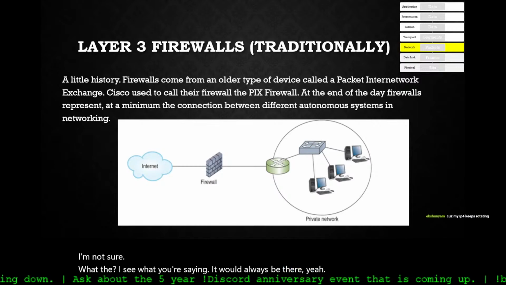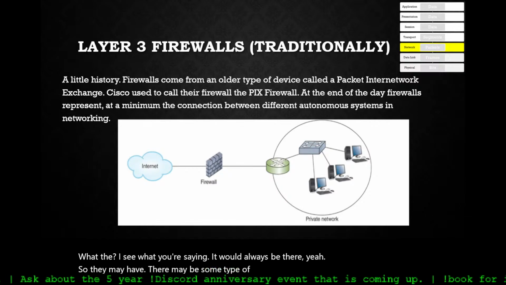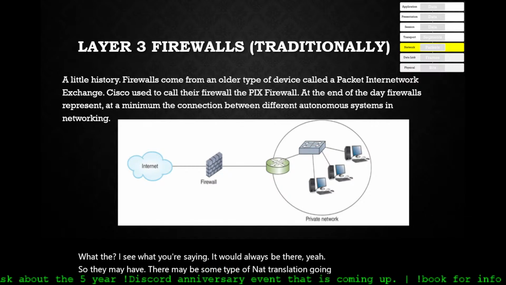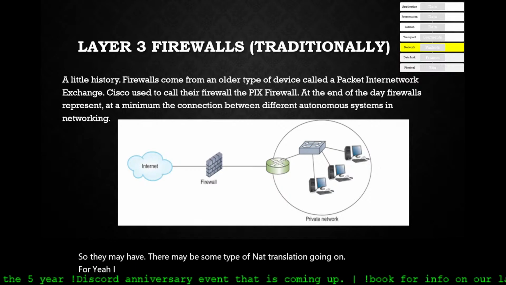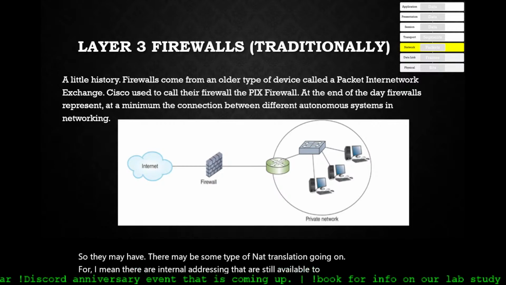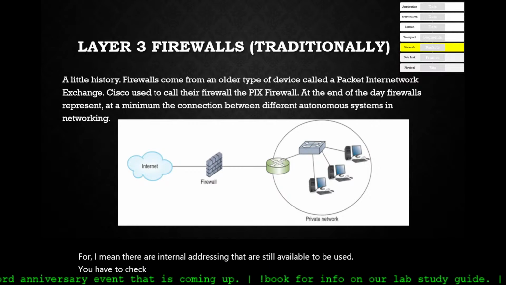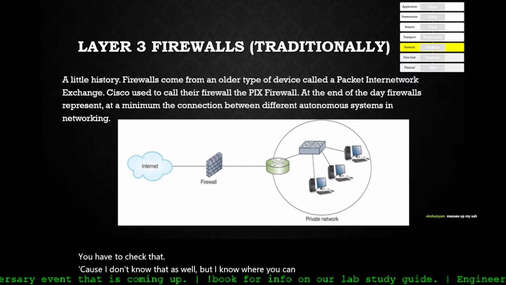There may be some type of NAT translation going on. There are internal addresses that are still available to be used. You have to check that, because I don't know that as well. But I know where you can go learn more about IPv6, right?